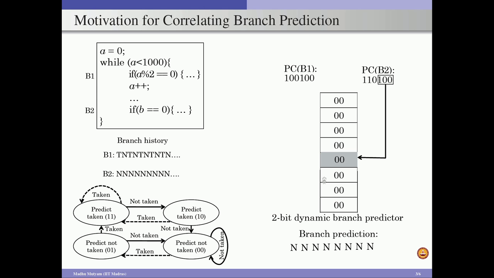In the previous example, because these two branches are pointing to the same entry and modifying this value, the branch 1 outcomes are not correctly predicted. So, if we can somehow map these two branches to different locations, then there is a chance that we can improve the overall accuracy of the branches.